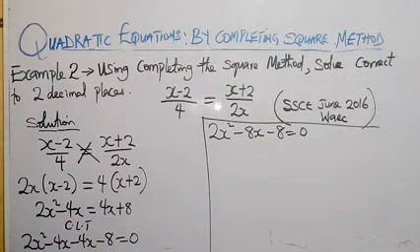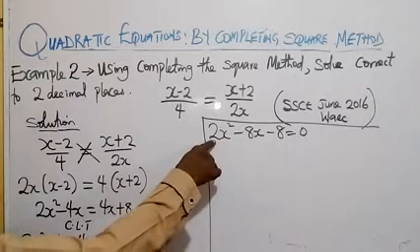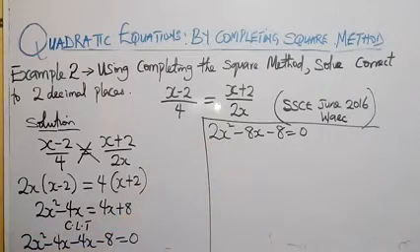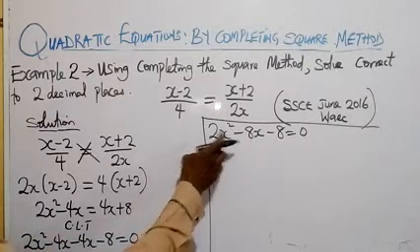This is now in the proper quadratic equation. Therefore, you can see that the x squared has a coefficient. The first thing we need to do here, we can divide everything by the coefficient of x squared.